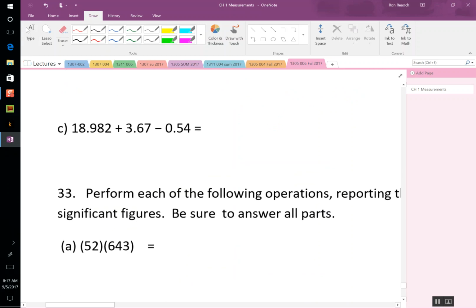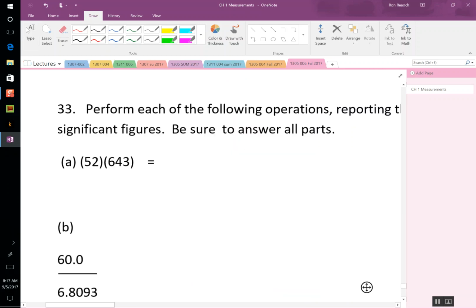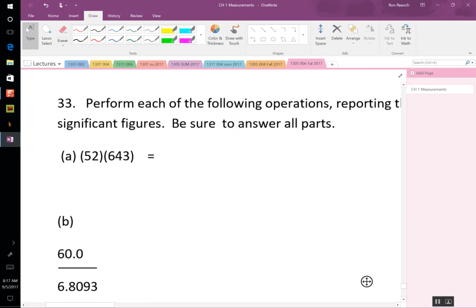All right. Now, that's the hard one. We've just done the hard lifting right there, addition and subtraction. Multiplication and division, take out your calculators. Multiplication and division is a little simpler. You do go by significant figures.